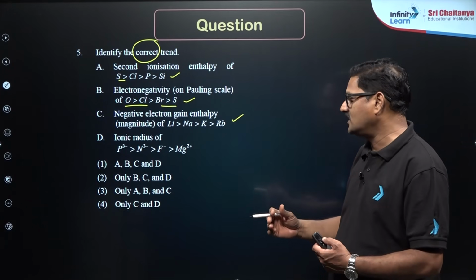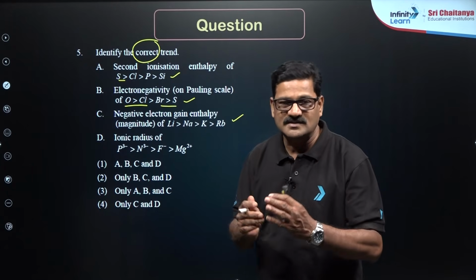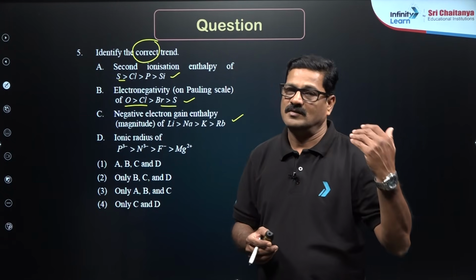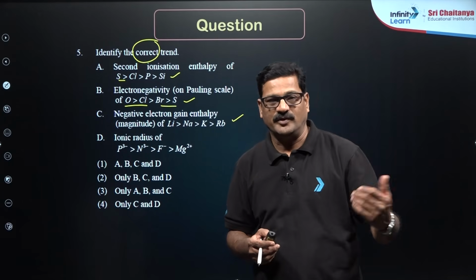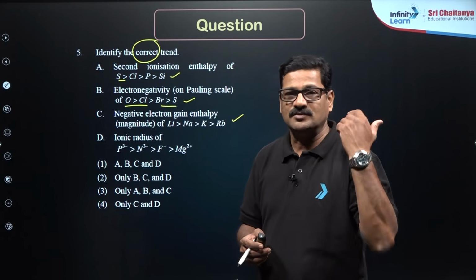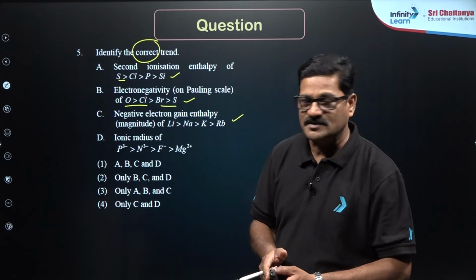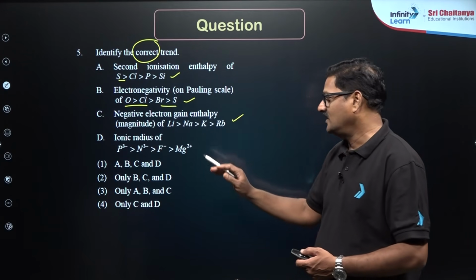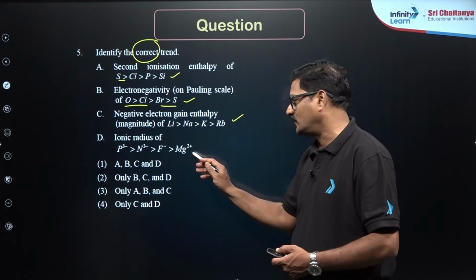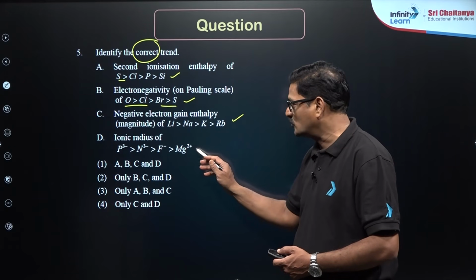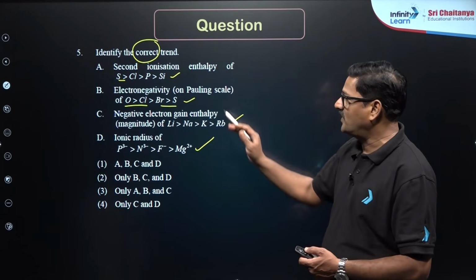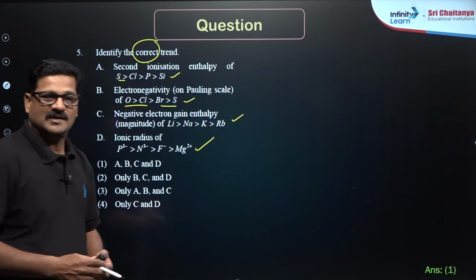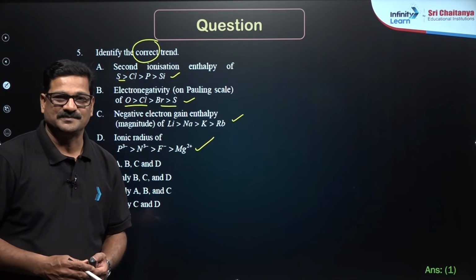And ionic radius depends on the number of shells. The third period radius is greater than the second period, and as negative charge increases, radius also increases: P3- is greater than N3- is greater than F-, and for positive charge, magnesium 2+ is going to be the smallest. So I find A, B, C, D are correct. So option 1 is the correct answer for this question.